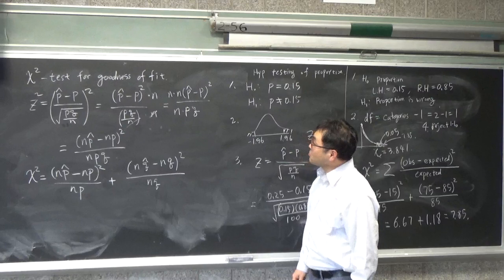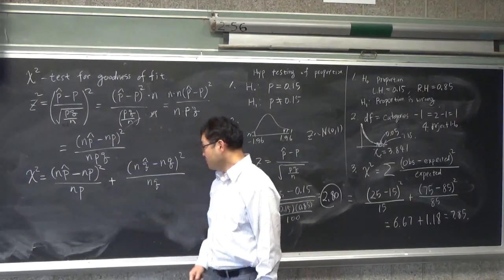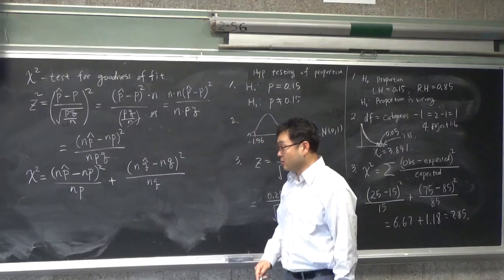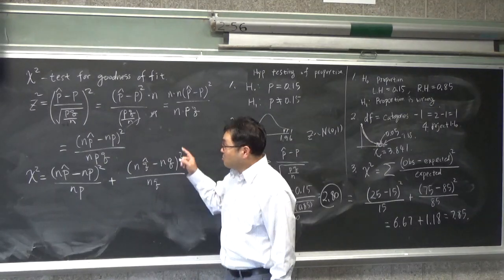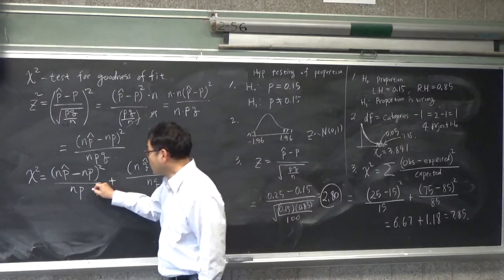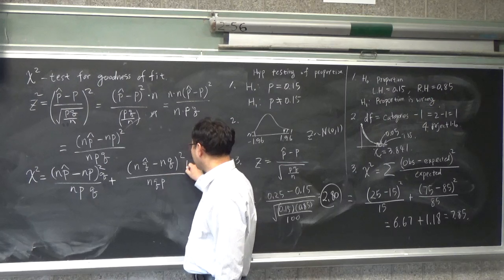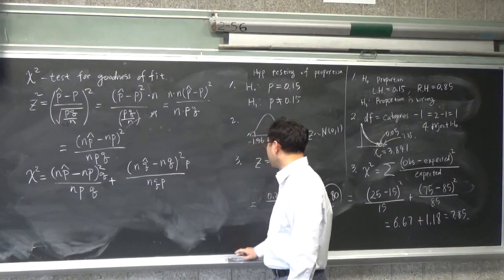All right, now it's more hopeful because they look very similar. So what we're going to do now is make the denominator at least look like npq. I'm going to multiply q to the first term, and I'm going to multiply p to the second term.